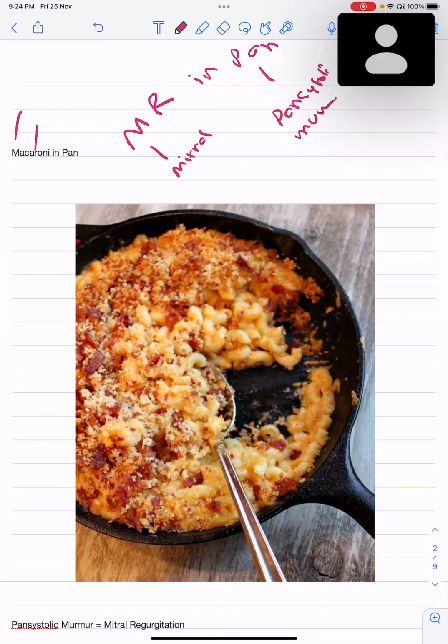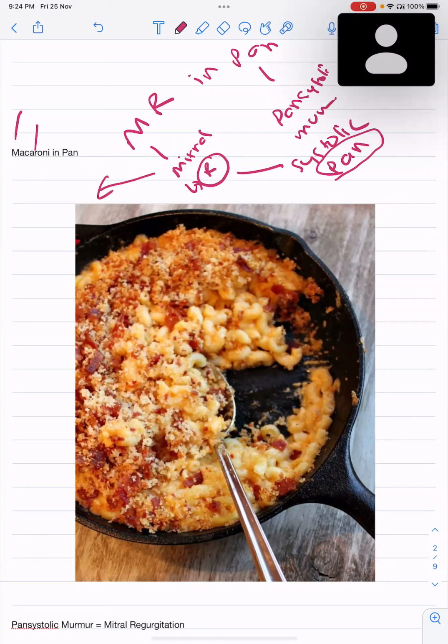Now you know the mitral regurgitation part comes in the systolic phase, and the first line is pan. Am I clear, guys? So mitral stenosis is going to happen in the diastolic phase, because mitral regurgitation is happening in the systolic phase.